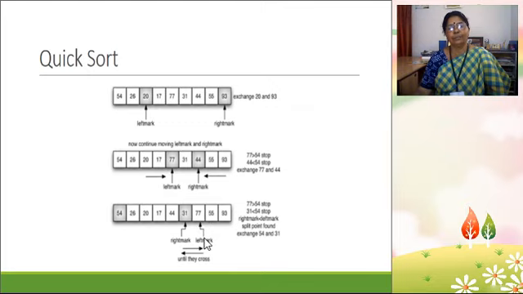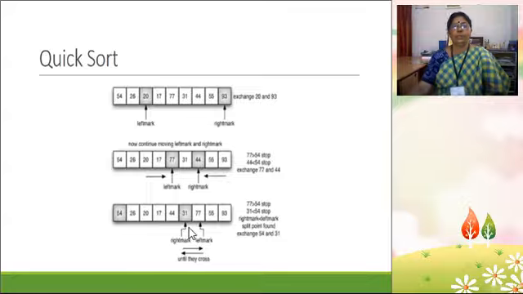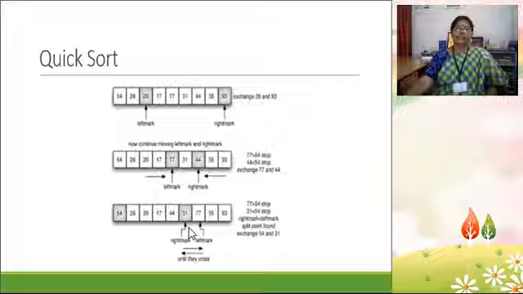Now the value of the left pointer, so in this case what is the value? 1, 2, 3, 4, 5, 6, 7. So the value of the left pointer is 7 and the value of the right pointer is 6. So when the left pointer is greater than the right pointer, in that case we need to exchange the element pointed by the right pointer and the partition element.